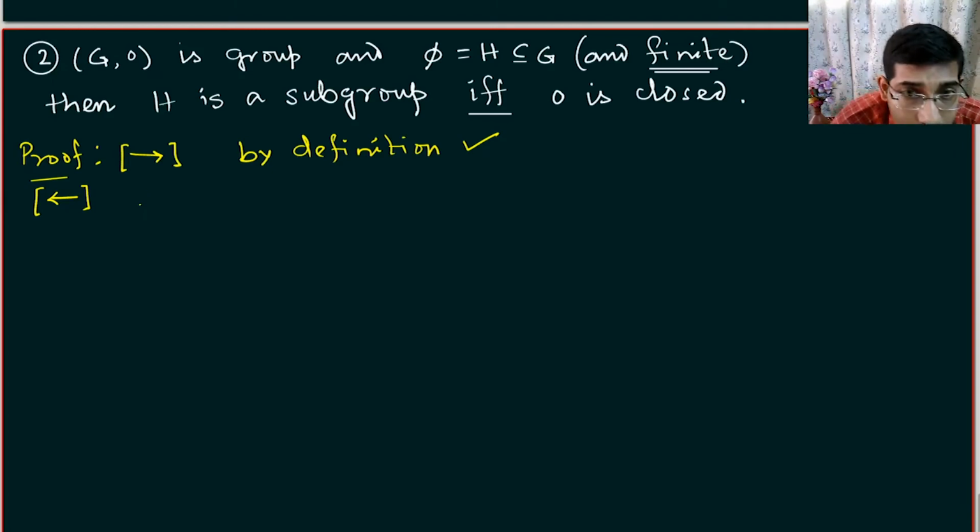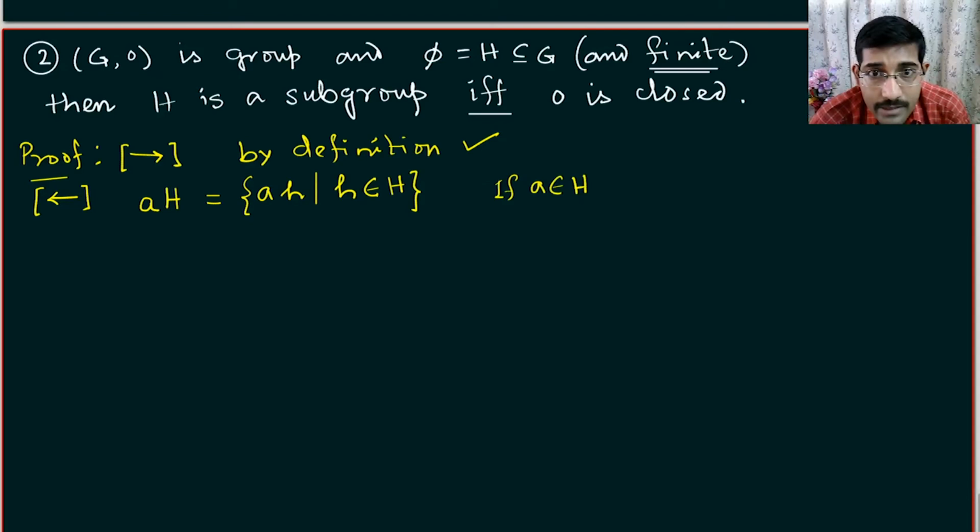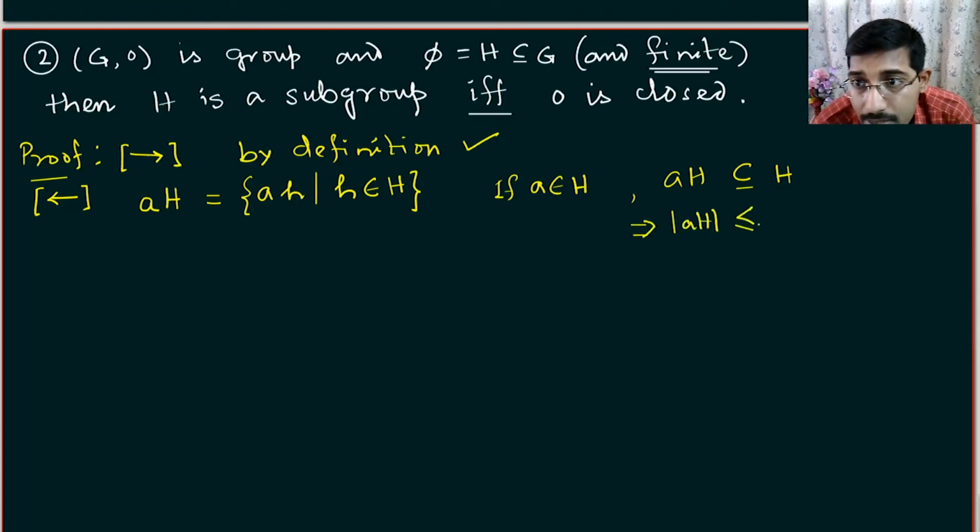What I will try to do is form a set aH, the set of all elements of the form ah such that h belongs to H. Since a belongs to H, obviously this set must be a subset of H. So it implies that the cardinality of aH must be less than or equal to that of H. But can it be less?